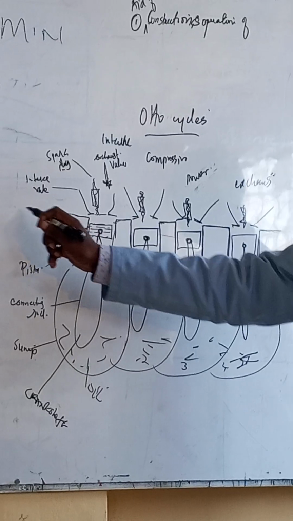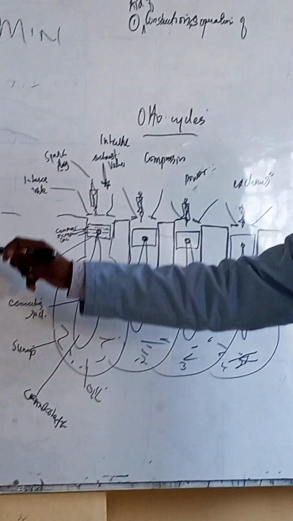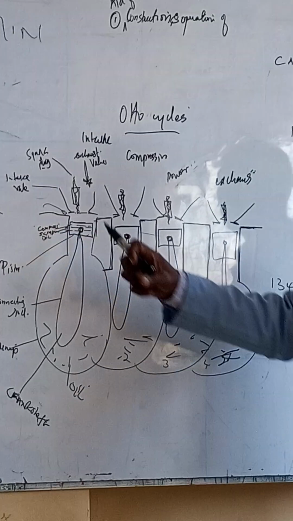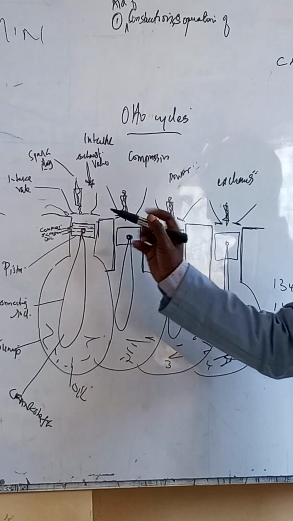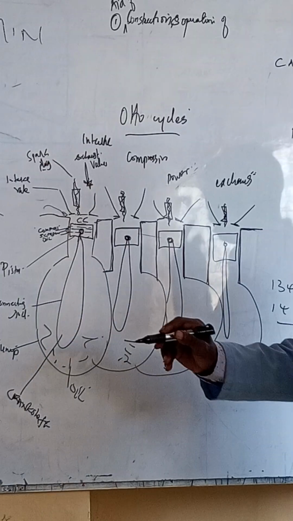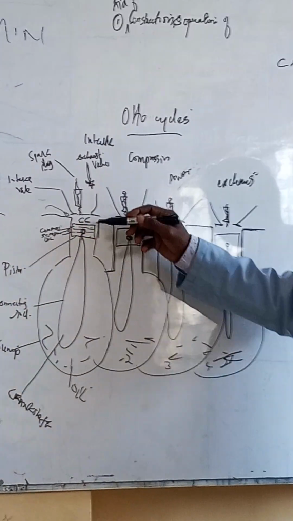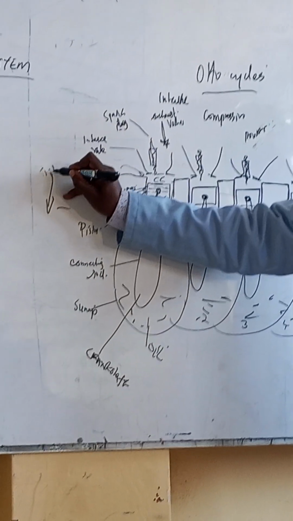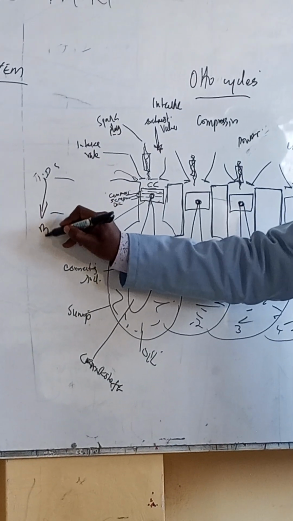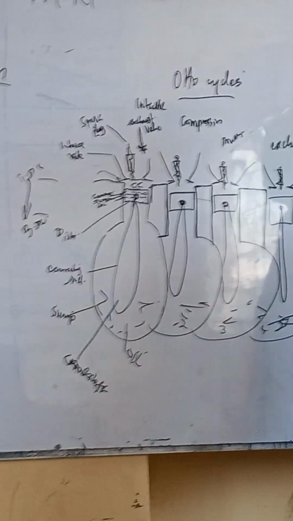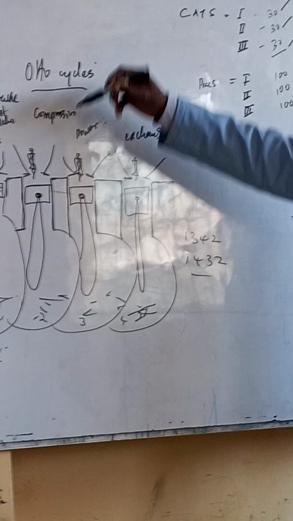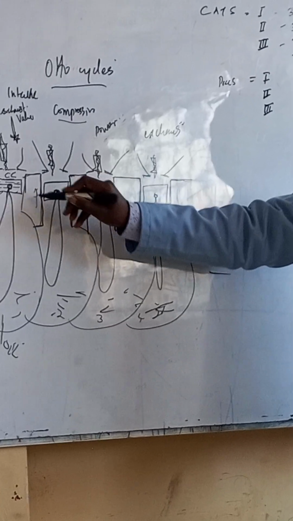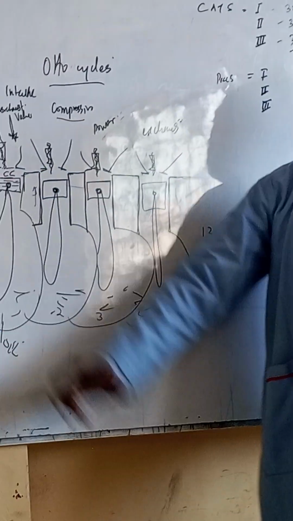Intake is when the fuel comes in through the intake valve to the combustion chamber, which is called the CC, and the piston is moving from the top dead center to the bottom dead center. Then on the next step, which is the compression, the piston will be moving upwards, from the bottom dead center to the top dead center.